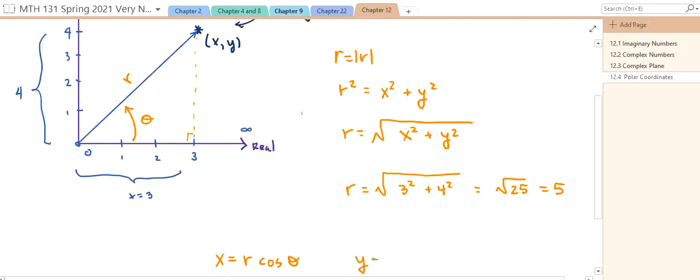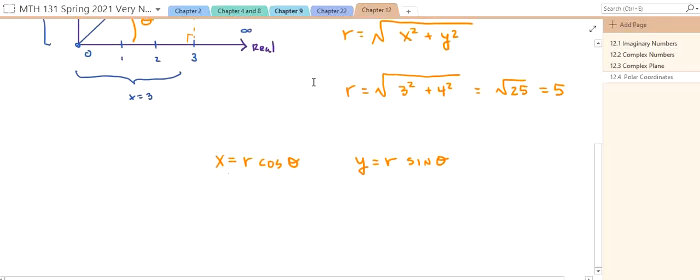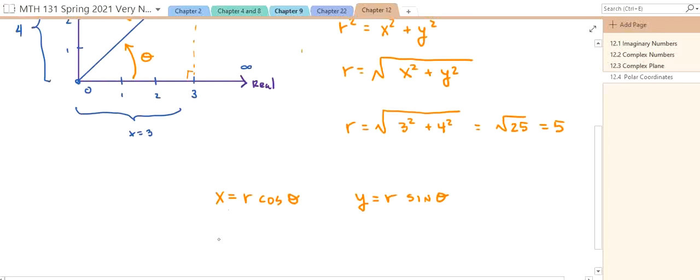So y will end up being r sine of theta. And if that's the case, we know that the tangent of theta equals y over x, or opposite over adjacent. So we can use this idea, if we know what x and y are, to figure out what the angle is, right? We can take the arctangent or the inverse tangent of this y over x, and that's going to give us theta.